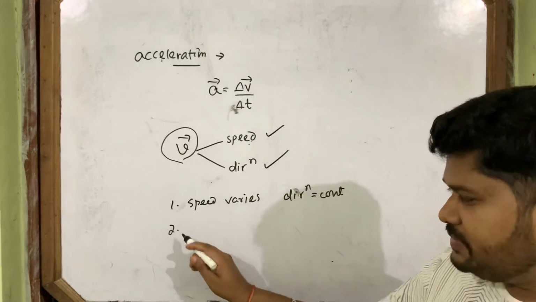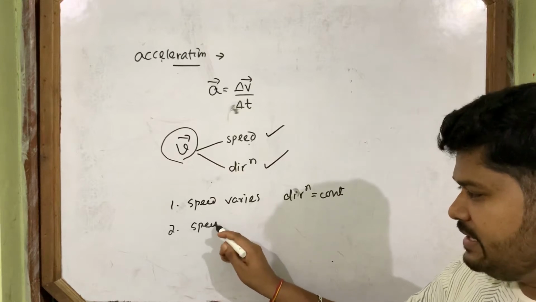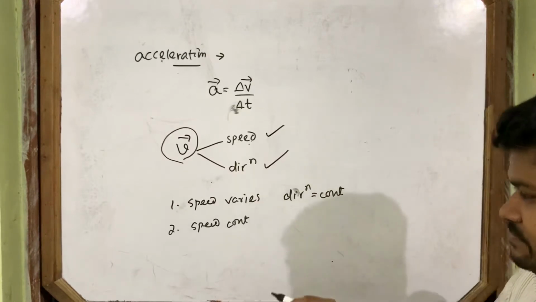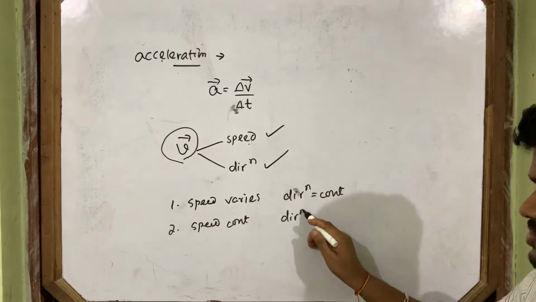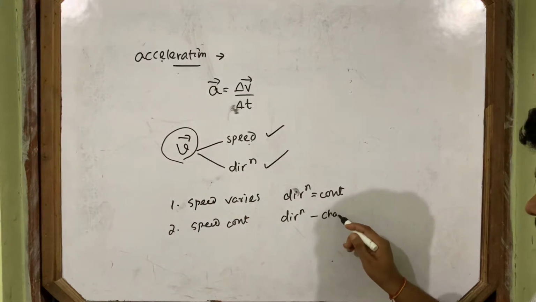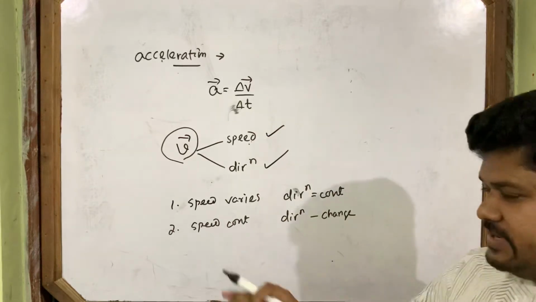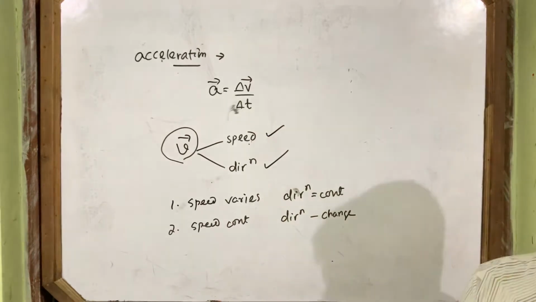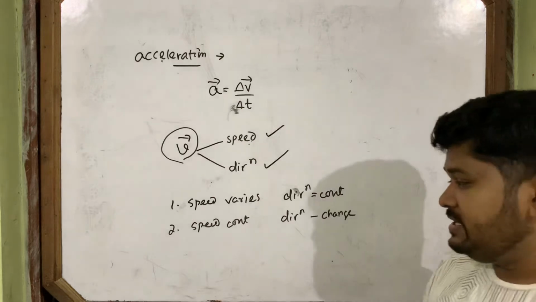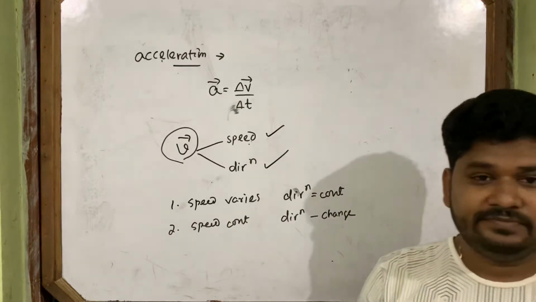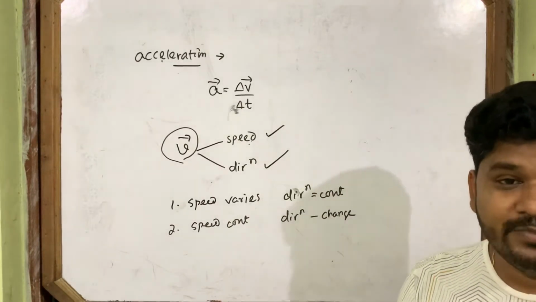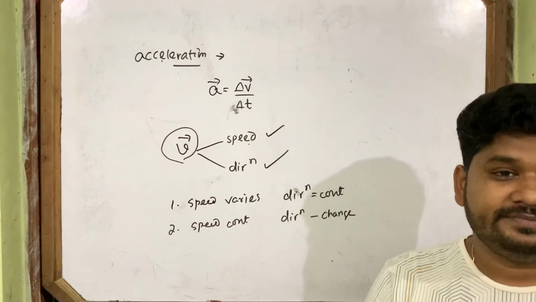The second one I am telling you is where speed is constant but direction changes. That is also acceleration. Now let's discuss one example. Think of one example where speed is constant but direction changes.